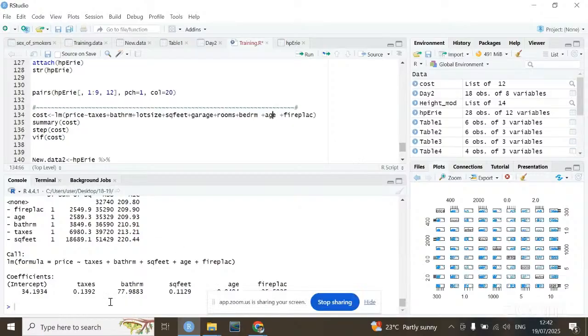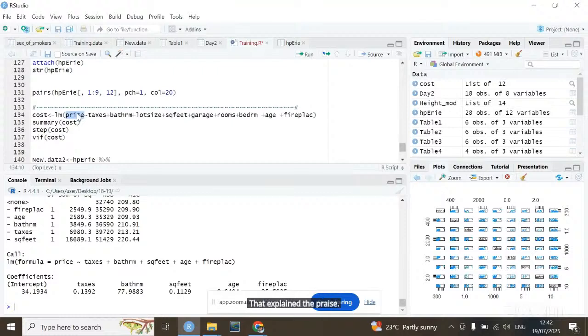But after doing the stepwise regression, we are having 1, 2, 3, 4, 5. So it has selected the best factors that explain the price.